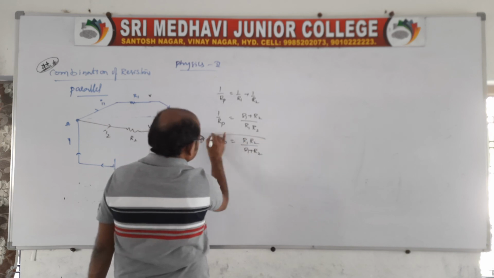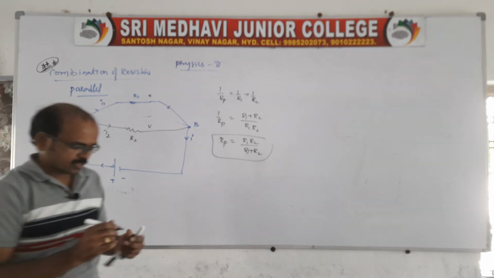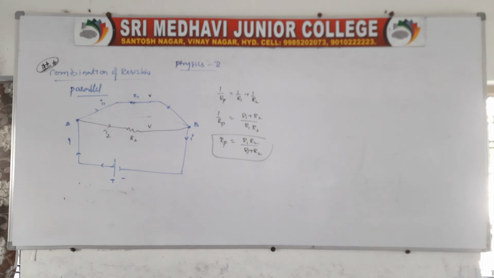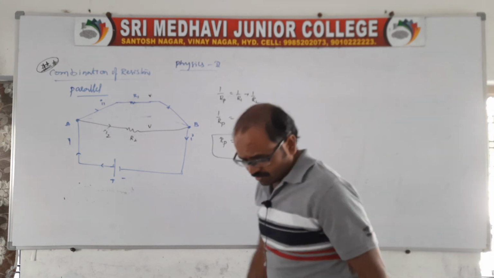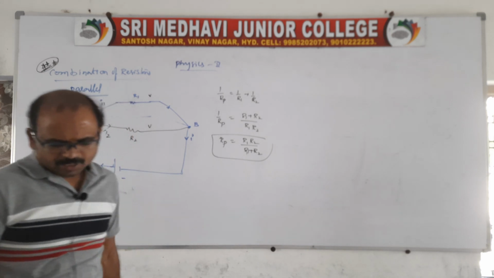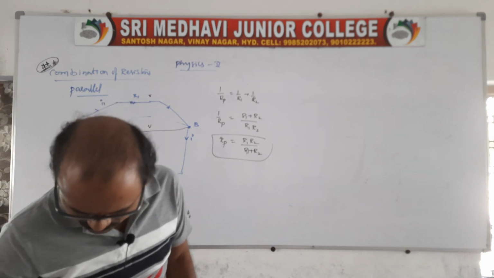This is the effective resistance in case of a parallel combination. Like this we need to get all the values in case of a parallel combination. And suppose you need to find the individual currents.